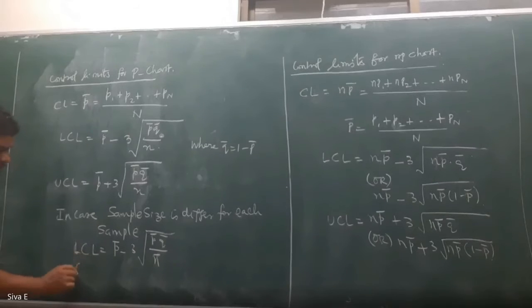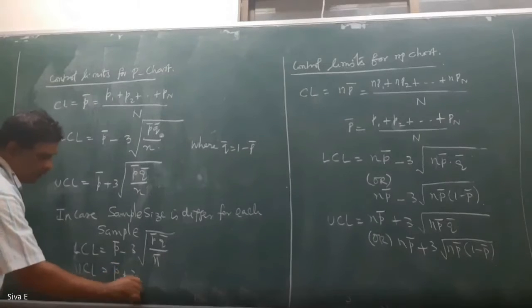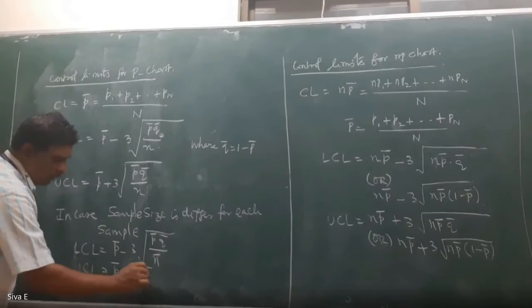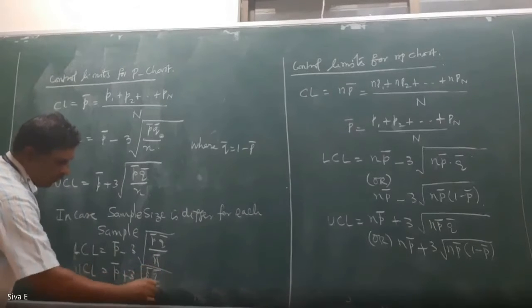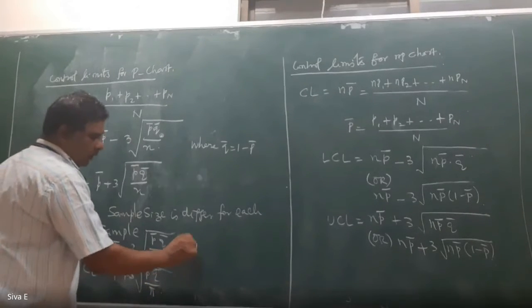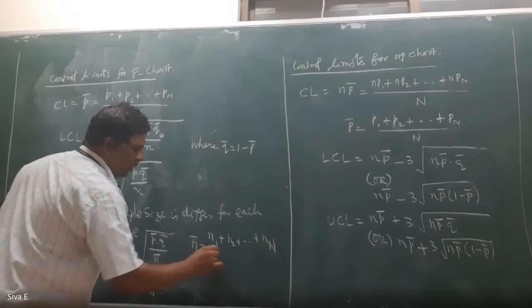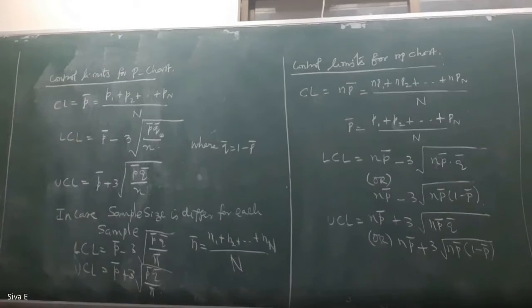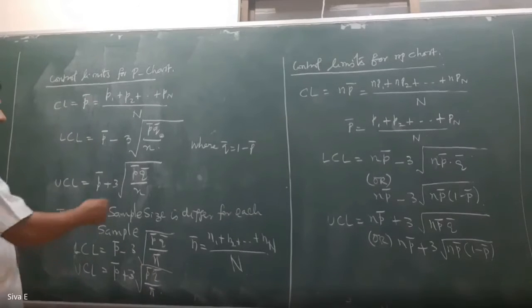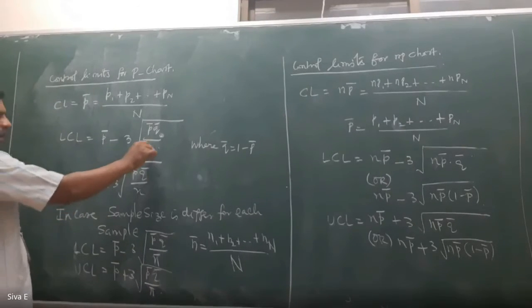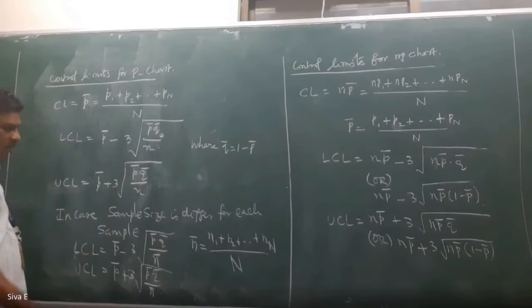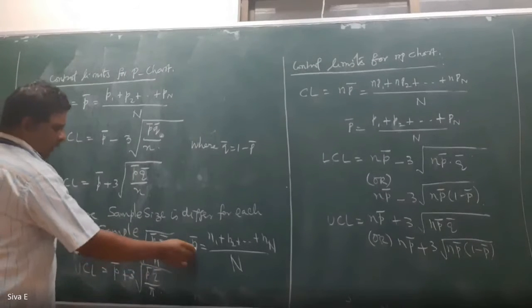Similarly, UCL equals P bar plus 3 into square root of P bar Q bar by N bar, where N bar is N1 plus N2 plus Nn by capital N. In case the sample size is equal for all the samples, generally we write N. In case the sample sizes differ for each sample, we write N bar.